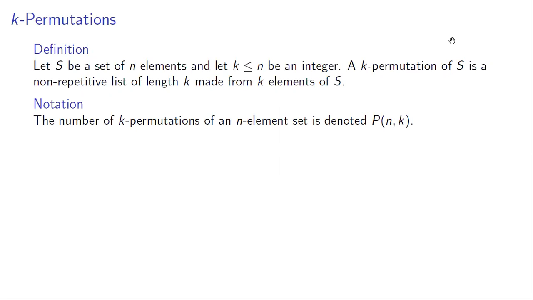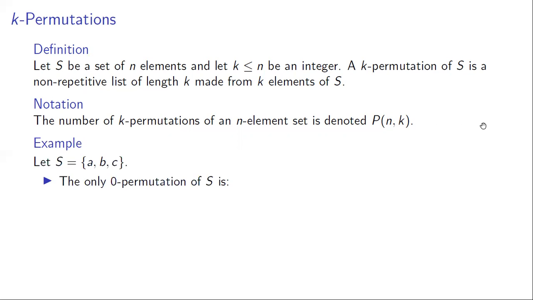So we have this notation: the number of K-permutations of an n element set is denoted P(n, K). The K-permutations of an n element set, how many do we have? And that's denoted like this. So let's say we have this set.